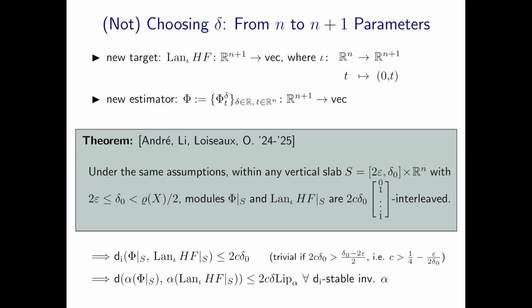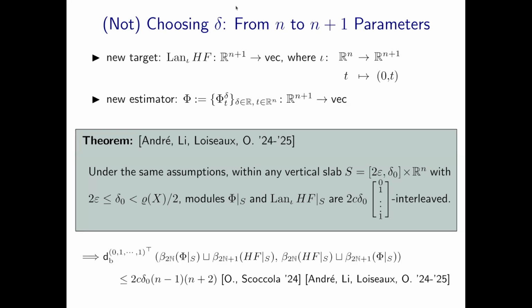Now we care about vertical interleavings for this reason specifically, because there are some invariants that behave very well under vertical interleaving. There's an invariant which is the multigraded Betti numbers. The multigraded Betti numbers are the locations of the generators in the terms of a projective resolution of the modules. And this invariant, which has been considered for a while in TDA, was proven to be stable under perturbations of the modules in the interleaving distance, where stability is measured in terms of a certain bottleneck distance between the locations.